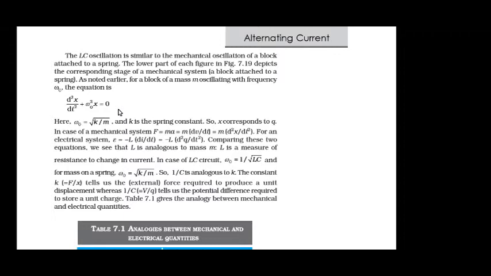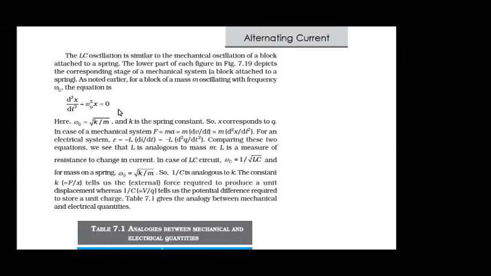dt square. Comparing these two equations, we can see that L is the analogous of mass m. L is a measure of resistance to change in the circuit. In the LC circuit, omega naught is equal to 1 upon under root LC, and for the mass on the spring, omega naught is equal to under root k by m.